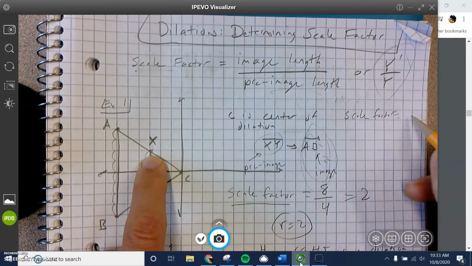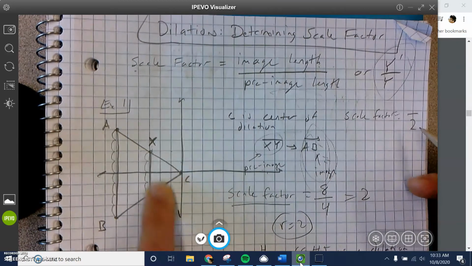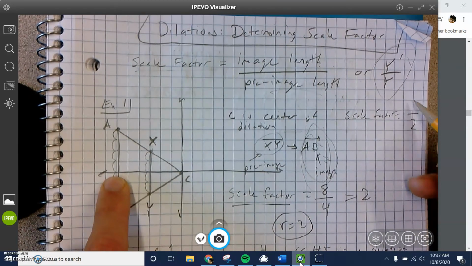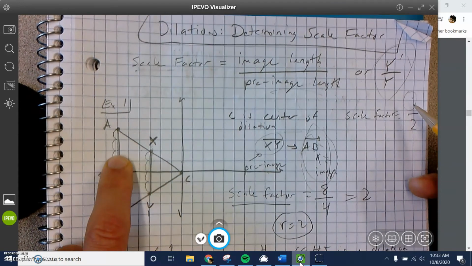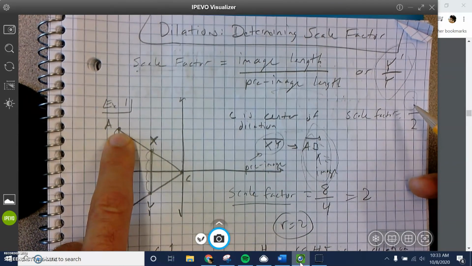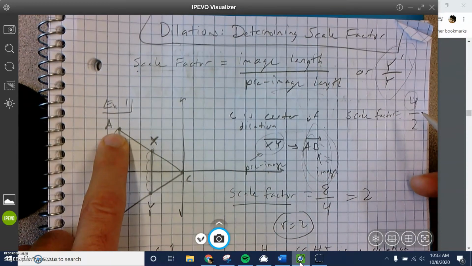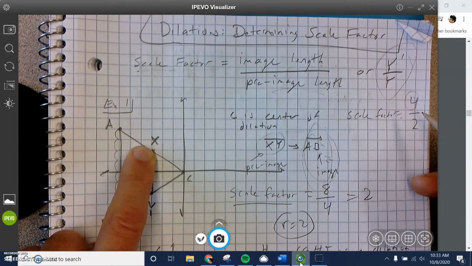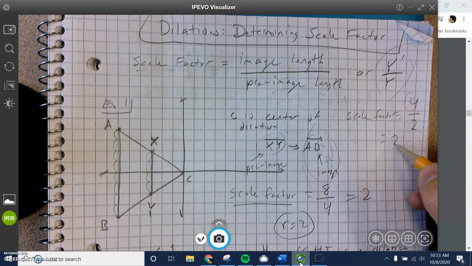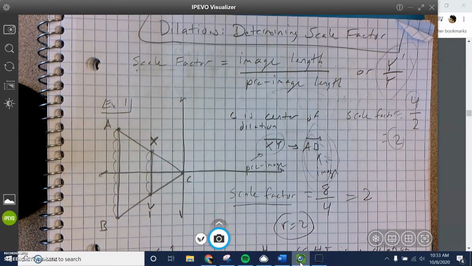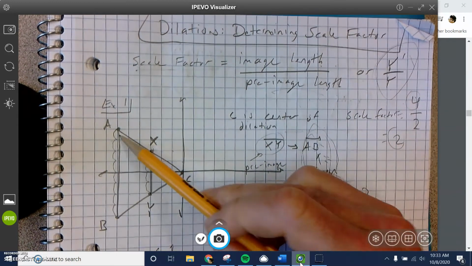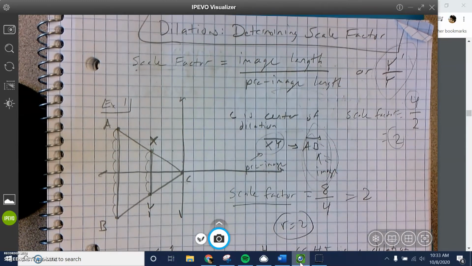That's the pre-image, so that goes here. And the Y coordinate of the image right here goes 1, 2, 3, 4. So the image Y coordinate is 4. The pre-image is 2. 4 divided by 2 is also 2. So that works. You can use the Y coordinates if you want, or you can use the image length. You'll get the same thing.